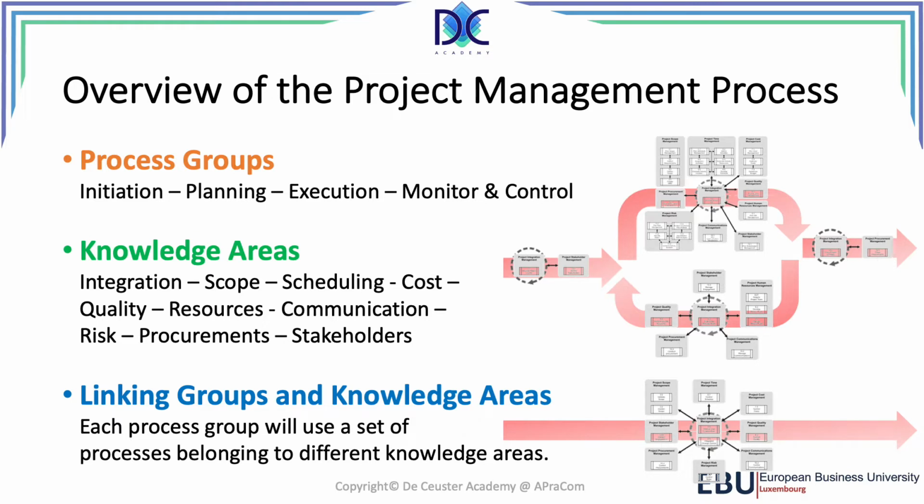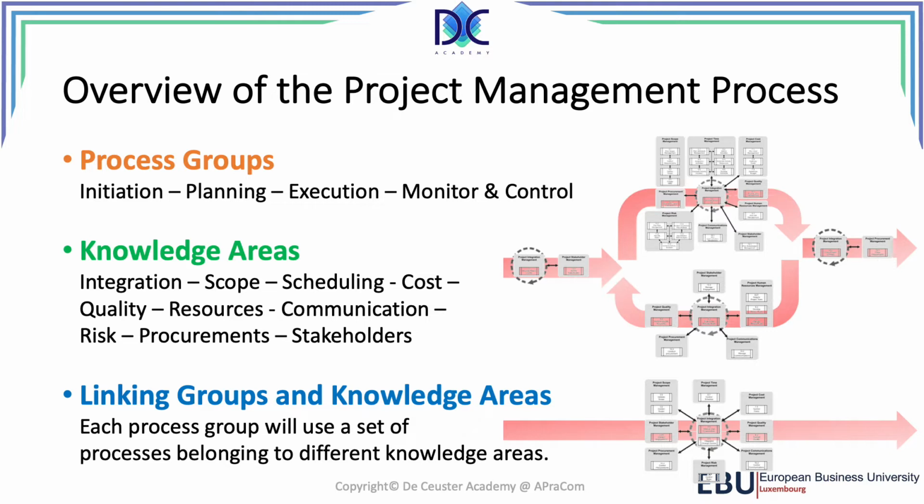Now, we also have to link the groups and the knowledge areas, because we have to find out how things are going. It's not the goal to talk about PMI, but it's important to understand how the principle of the PMI works and how you are doing these things. And it will also help you to identify what we are doing basically during those 10 steps.